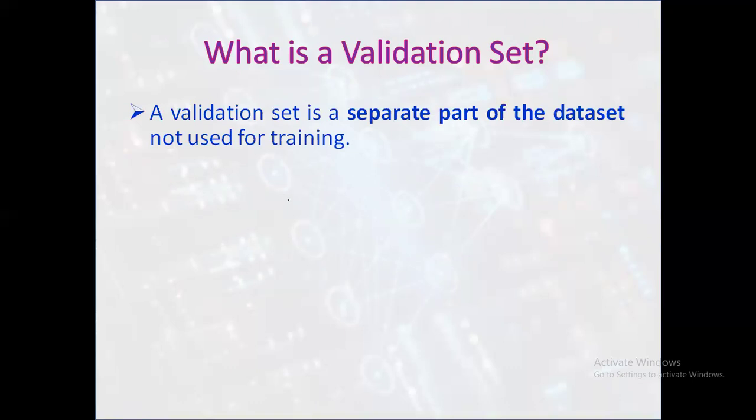Next, what is a validation set? A validation set is a separate part of the data set not used for training. That means a validation set is created by splitting the data set, if you are taking the bulk data set, into partial portions.